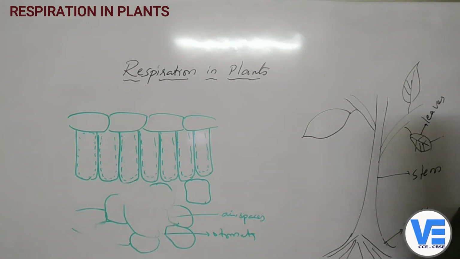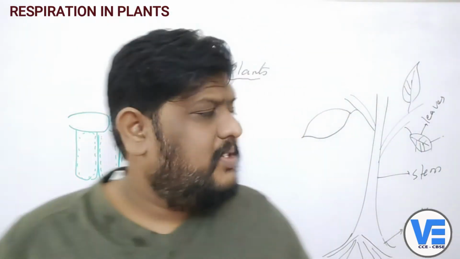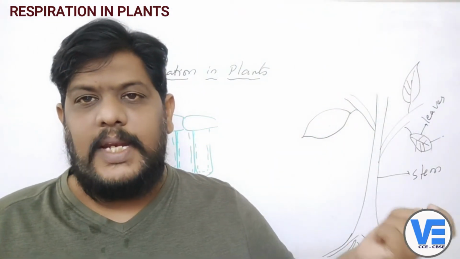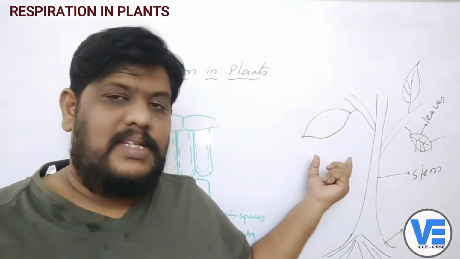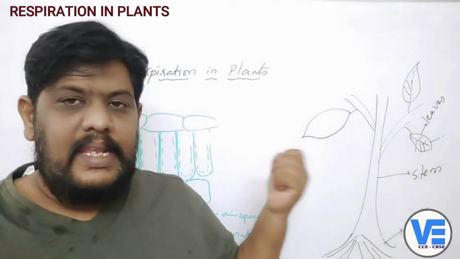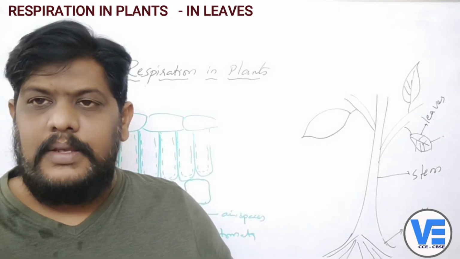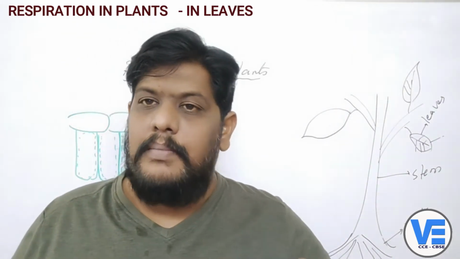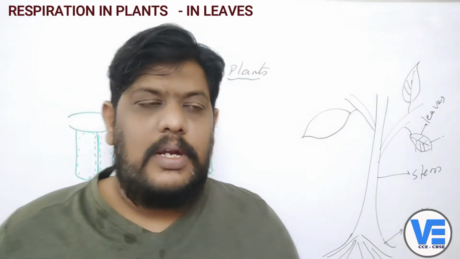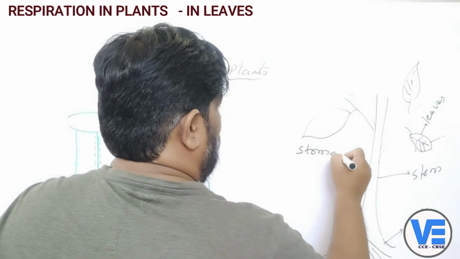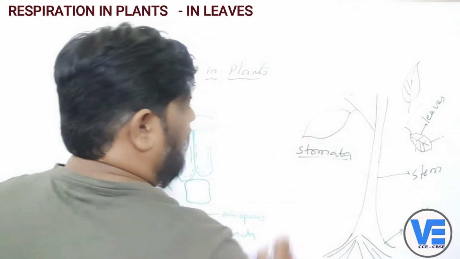Children, now if you see this plant, how does respiration take place in plants? That is what we are talking about. If you see the leaves, the leaves have some pore-like structures which are called stomata.